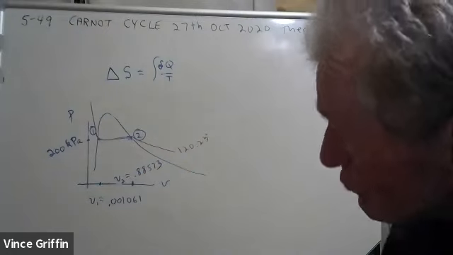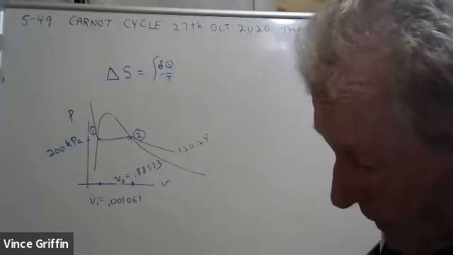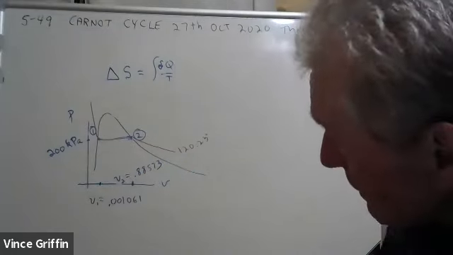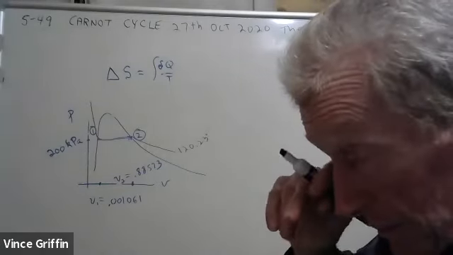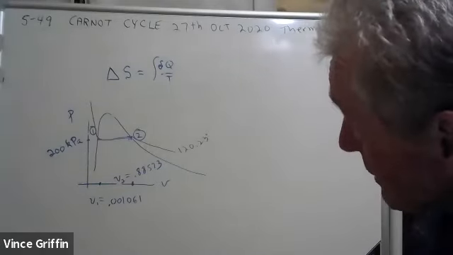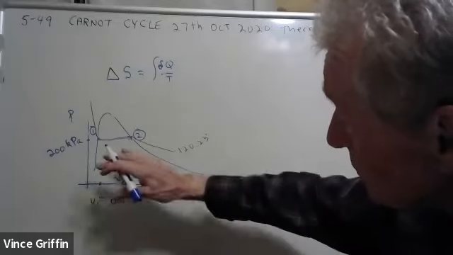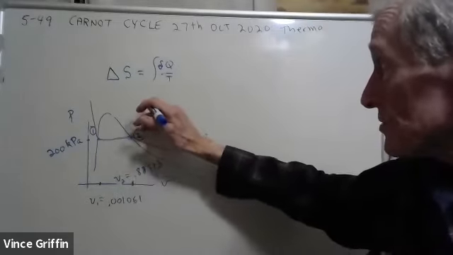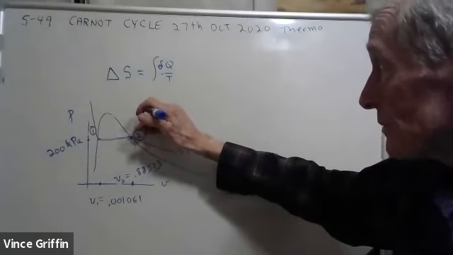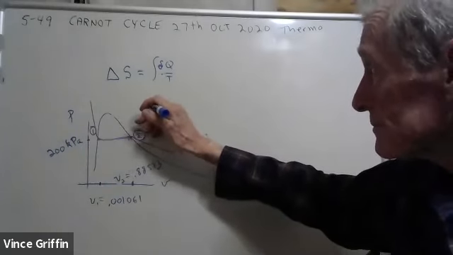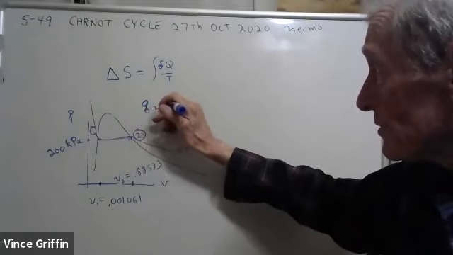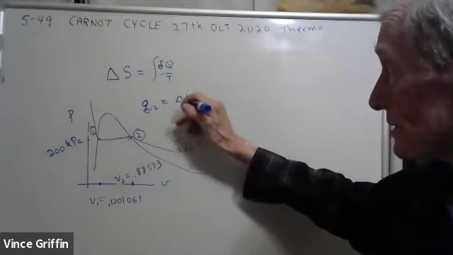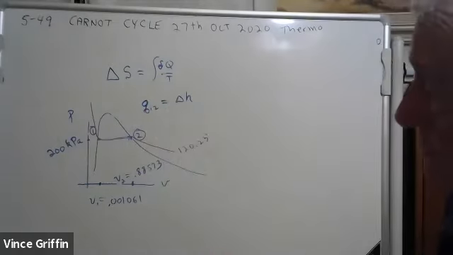Okay, great. So what? Well, what I want to do is find the heat transfer from 1 to 2. Do you guys remember for an isobaric process, the heat transfer from 1 to 2 is equal to the change in specific enthalpy?